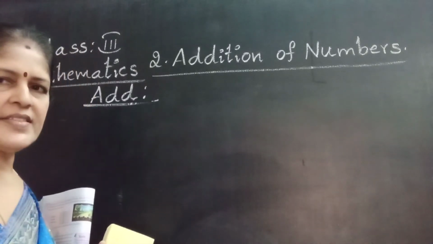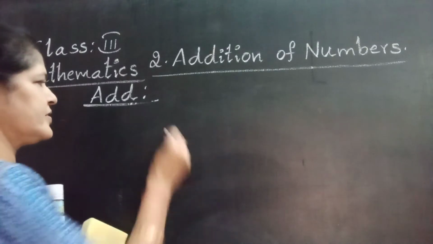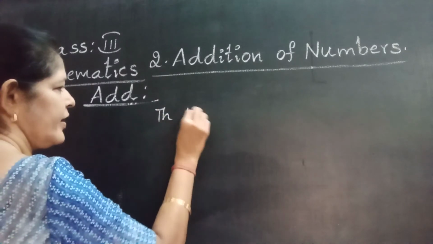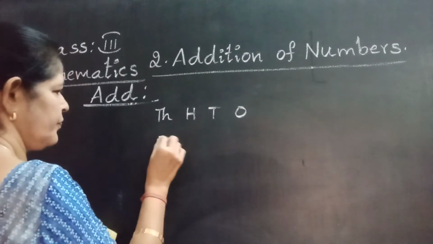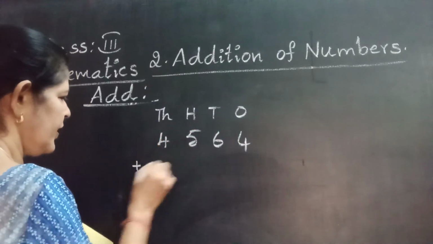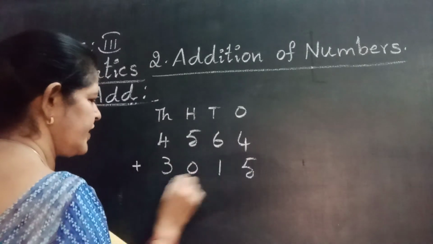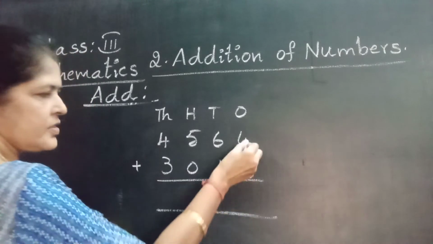Next, adding 4 digit numbers. 4 digit means 4 places. Thousands, hundreds, tens, ones. 4,564 plus 3,015. Start from 1.